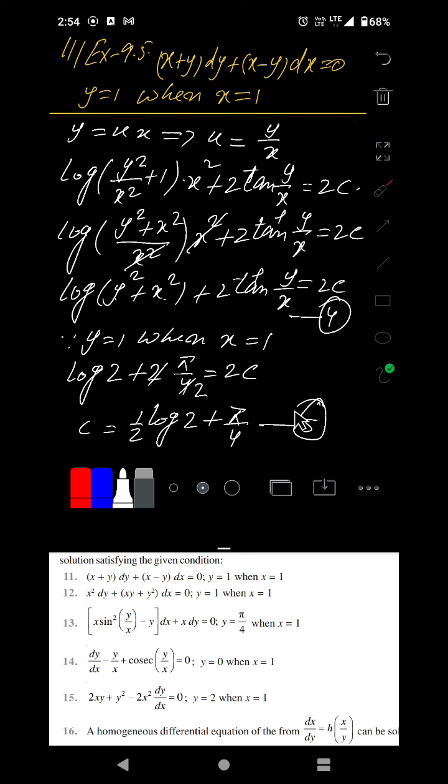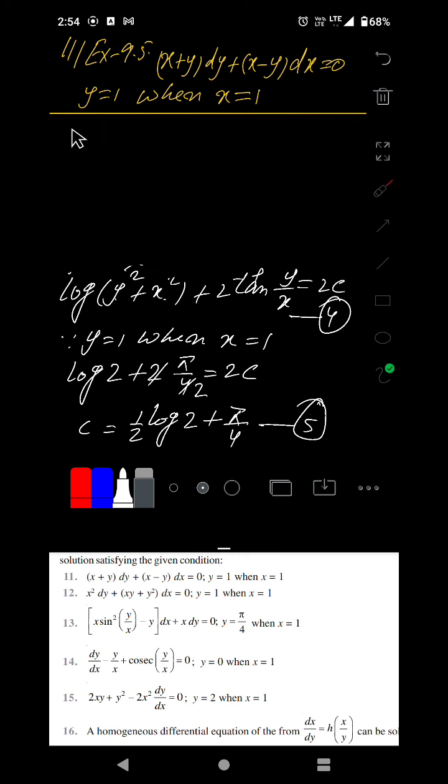Now to find the particular solution of the given differential equation, we need to substitute the value of c, which we obtained as 1/2 log 2 + π/4 in equation number 4. So we get log(y² + x²) + 2 tan⁻¹(y/x) = 2c, and the value of c is taken from equation number 5.